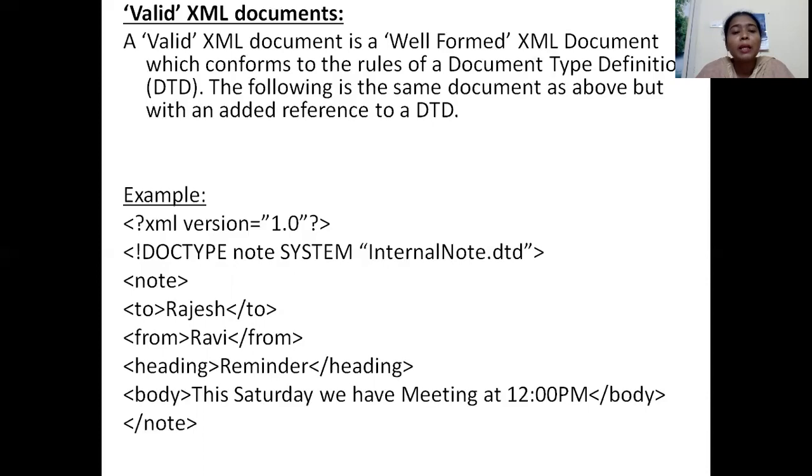If you see this example on the screen, it is satisfying the rules of well-formed as well as mentioning the rules of DTD, saying in the second line of the example, DOCTYPE note SYSTEM Note.dtd. DTD says that it is a document type definition. So I can say a valid XML document should satisfy the rules of a well-formed XML document as well as conform to the rules of DTD.